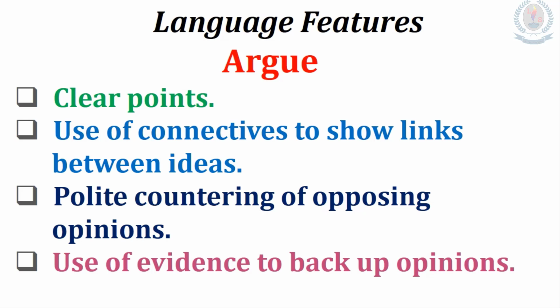You have to be very polite with your writing style. The last point is use of evidence to back up opinions. You have to use lots of evidence to prove what you are telling, what you are writing. Is that clear? Good. Let's move to the example after this.